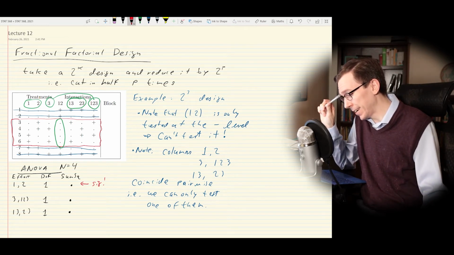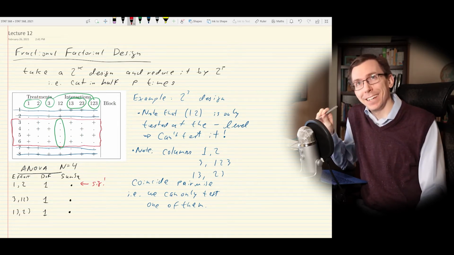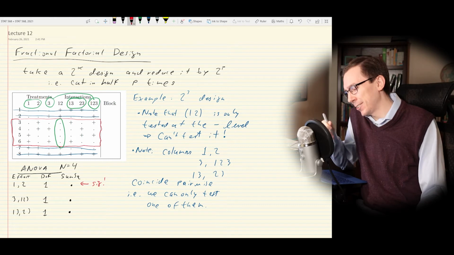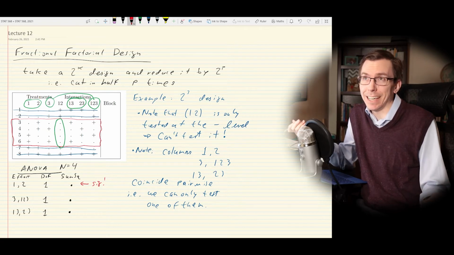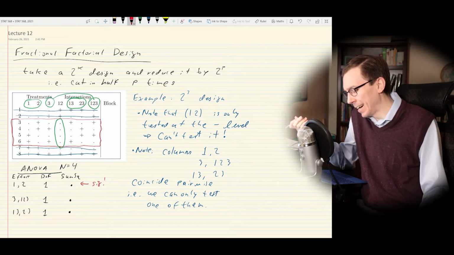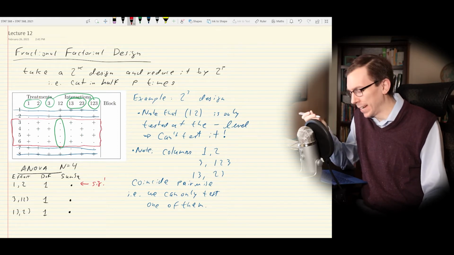Geometrically, you can think of all of these points, because everything's binary here. If I have 3 treatments, then you can think of every row as being a vertex of a hypercube, or actually a cube in this case, just a 3-dimensional cube. And in some sense, we're deleting some of the entries.